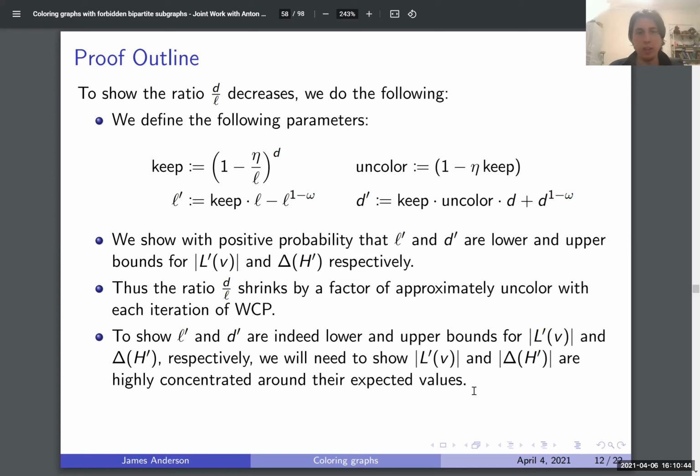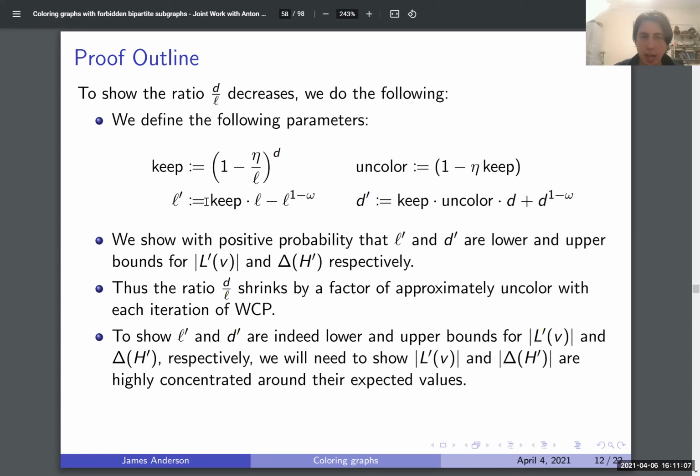And so now the intuition behind these parameters, I'll explain. This keep is exactly the probability that a vertex in H is kept, and uncolored is approximately the probability that a vertex remains uncolored.